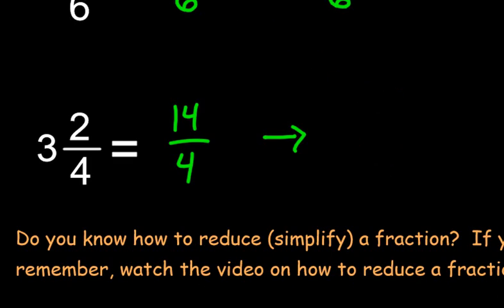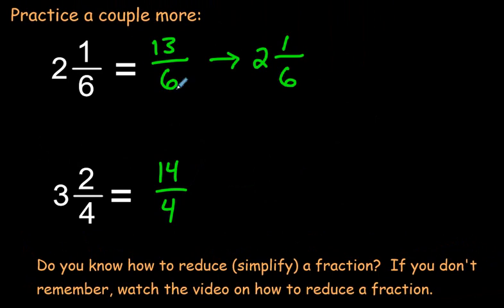But I just want to show you something else. What happens if you do something called reducing, or simplifying? Some teachers use the word simplifying or reducing. 14 over 4. Now with fractions, if you do something to the top, you can do the same thing to the bottom, as long as it works.